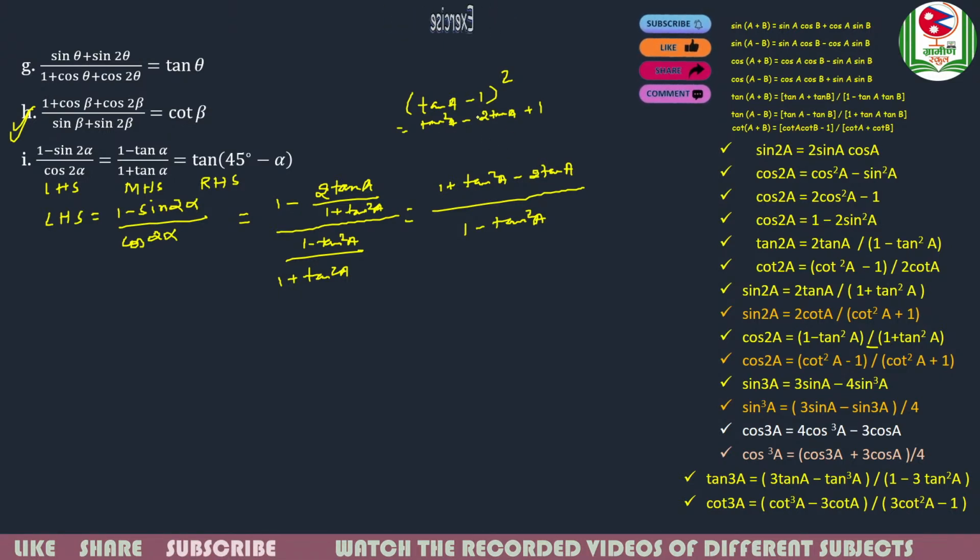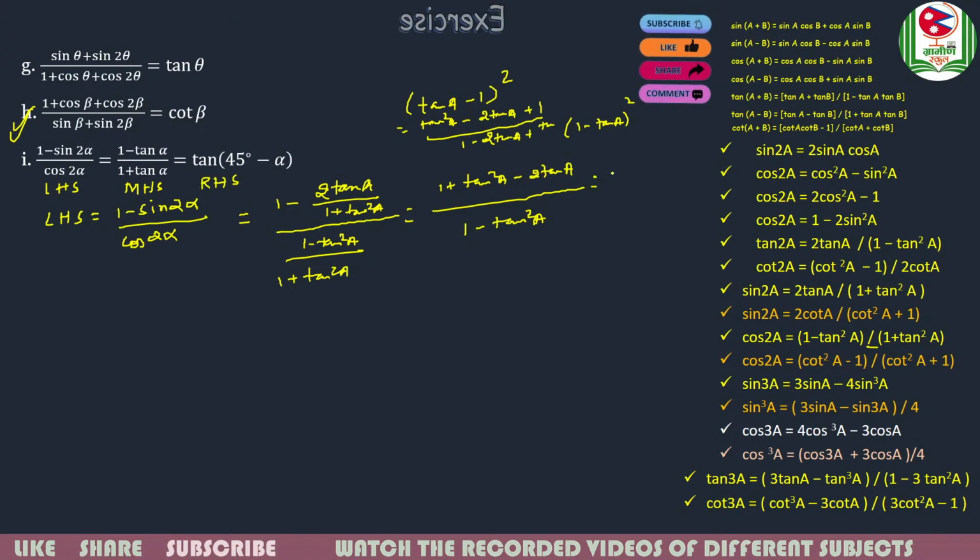We can write it as (tan A minus 1) or (1 minus tan A), any of them, since it is squared. It is better to write 1 minus tan A. It can be written as 1 minus 2 tan A plus tan squared A, so we can also write it as (1 minus tan A) whole squared.